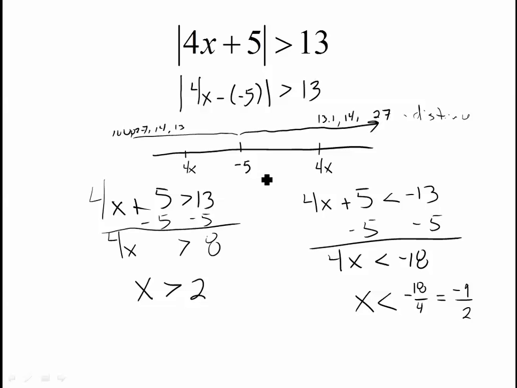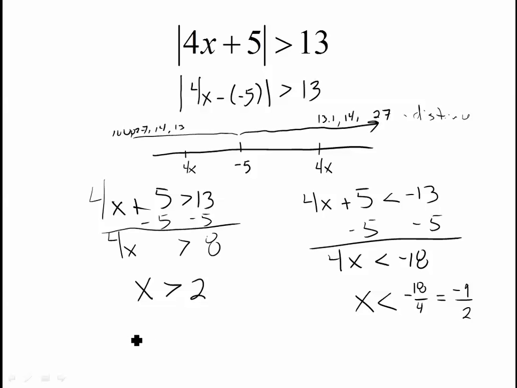But if I went more than that, I would be at numbers greater than 13. I'd have to travel more of a distance. Right? If I went less than negative 9 halves, that means I'm moving further and further past these numbers.